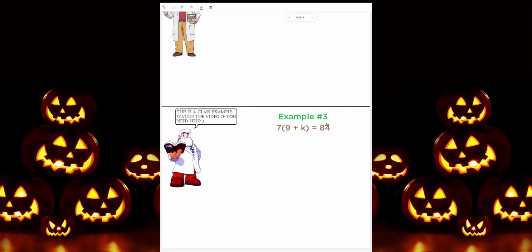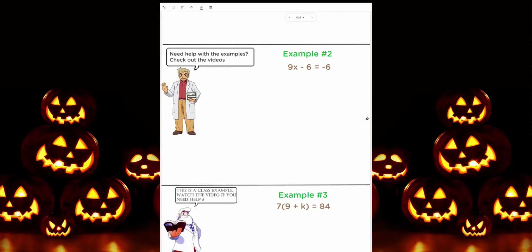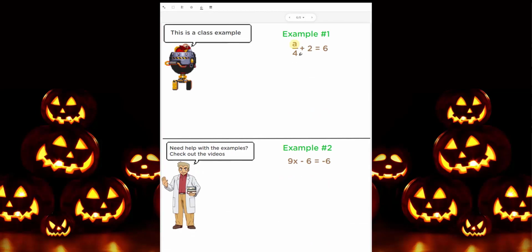Like this one down here. But let's stay focused on example number 1. So we don't have any parentheses, so we move on to the next step, which is we are going to cancel out any number that is being added or subtracted.